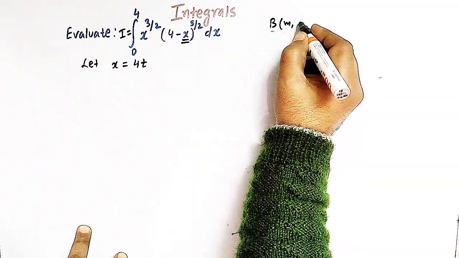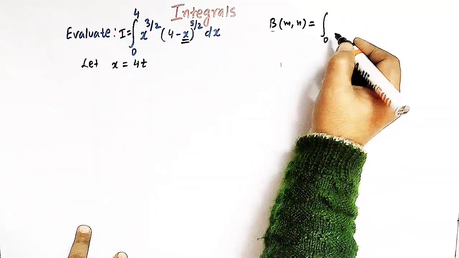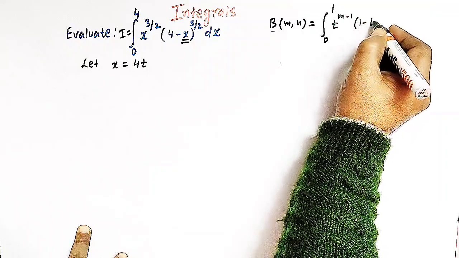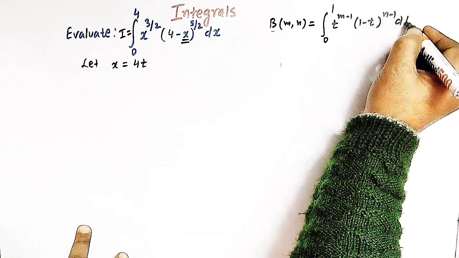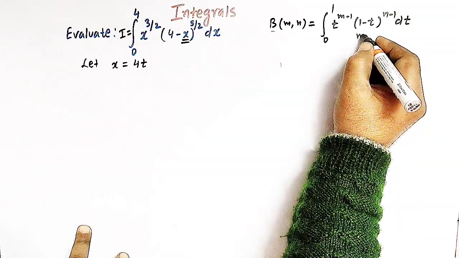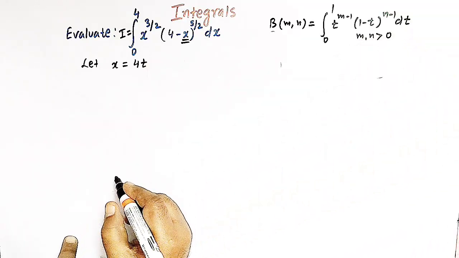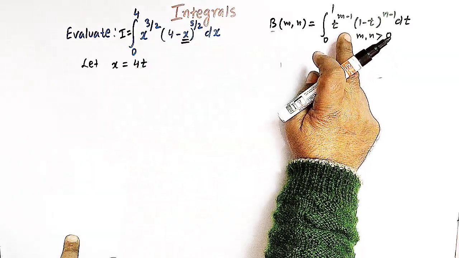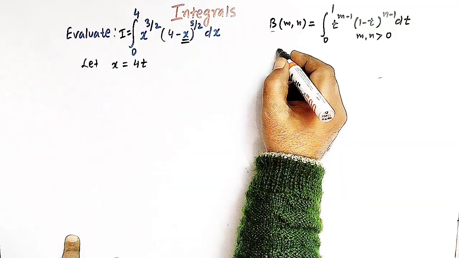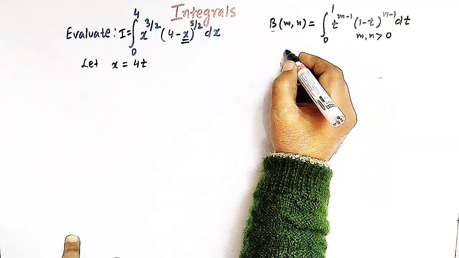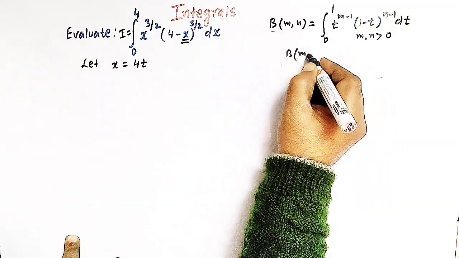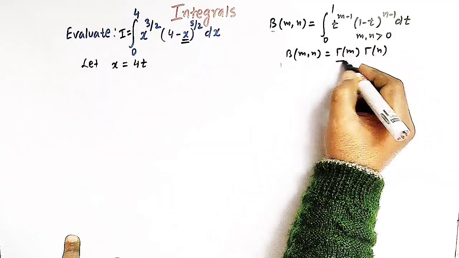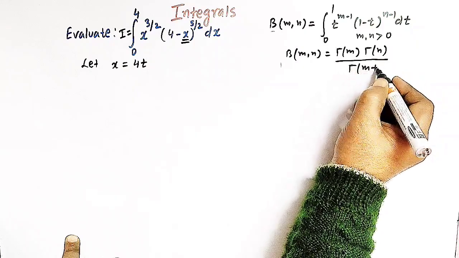the beta function, that is beta m comma n, which is the integral from 0 to 1 of t raised to m minus 1 times (1 minus t) raised to n minus 1 dt, where m and n are greater than 0. Making this substitution, we will first convert this integral into this form, and then we'll apply the relationship between beta and gamma functions, that is beta m comma n is given by gamma m gamma n divided by gamma of m plus n.